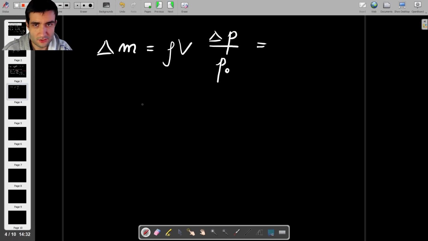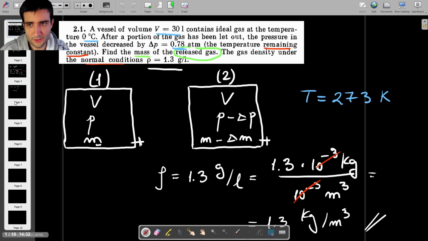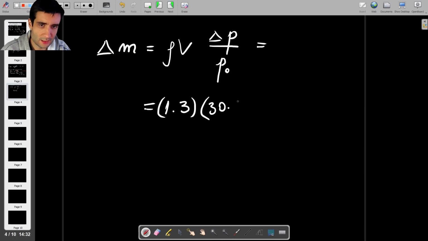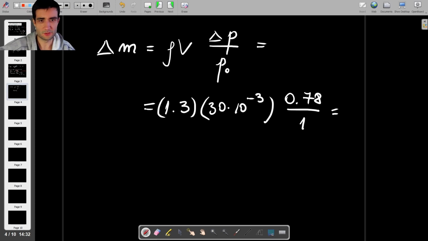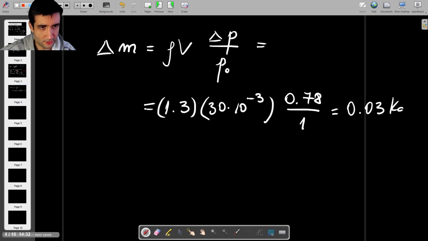So the change in mass is equal to 1.3, that's the density, multiplied by 30 liters, which is 30 times 10 to the minus 3 meters cubed, times 0.78 over 1. So we have 1.3 times 0.78 times 30 times 10 to the minus 3. That is 0.03 kilograms or 30 grams approximately.